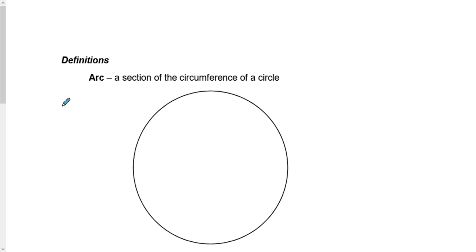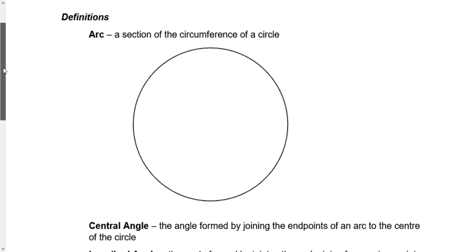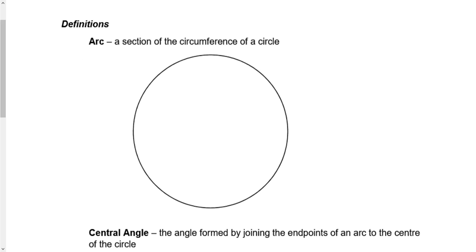Now let's go into the last kind of examples. So we have a few definitions. The first thing is an arc is a section of the circumference of a circle. The circumference is the measurement all the way around a circle. So an arc will be just a section of it.